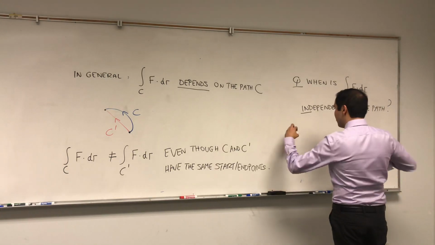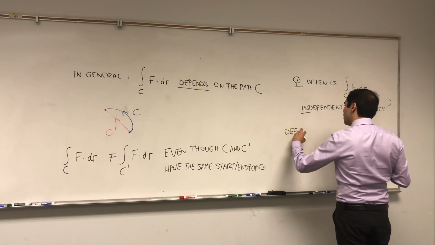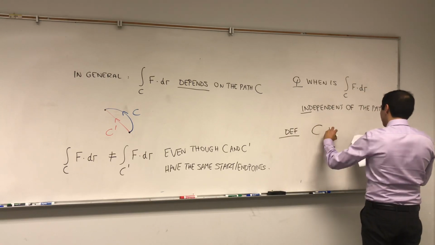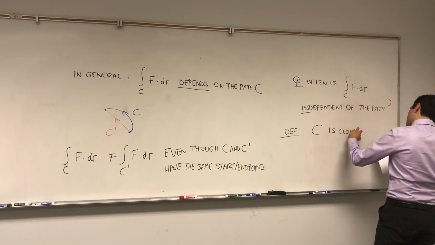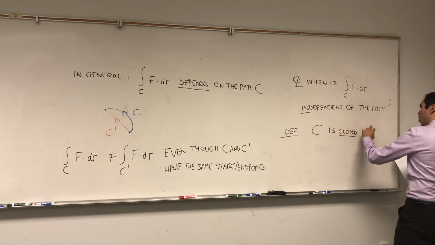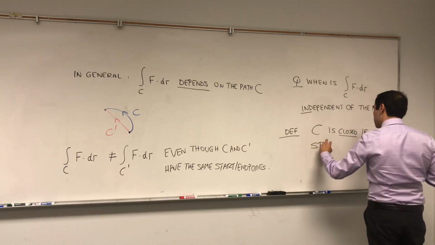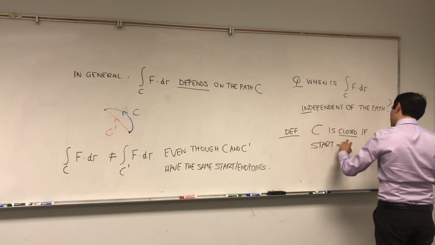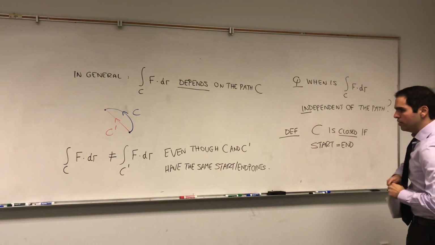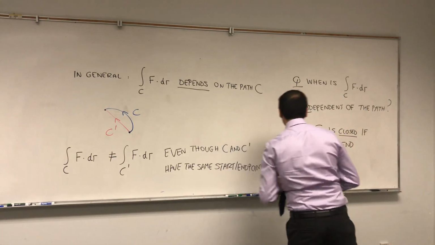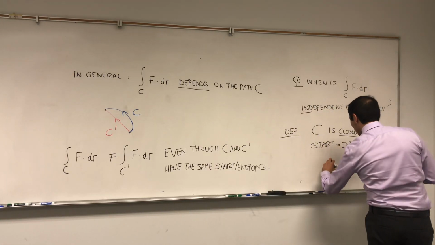First definition: what does it mean to have a closed path? C is closed if the start point is the same as the end point. Let me draw you a very nice closed path C, for instance, a circle.